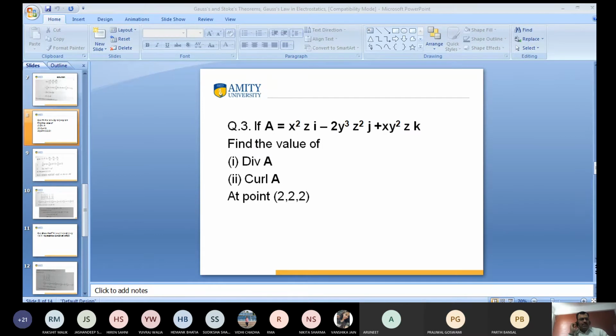Divergence 6i minus 48j plus 6k. Okay, I tell you the answer, you write on your copy. At last I will see the question and tell the answer. Anyone more? Tell me the answer.